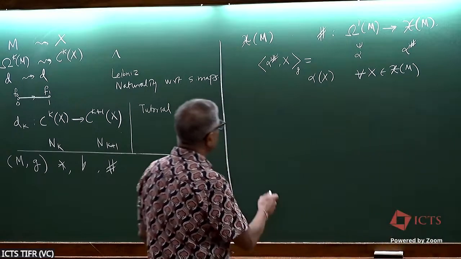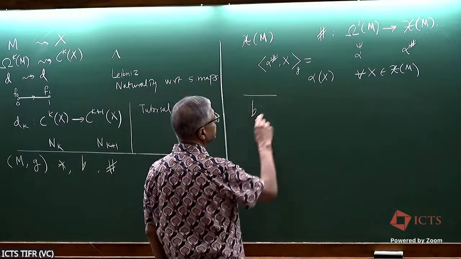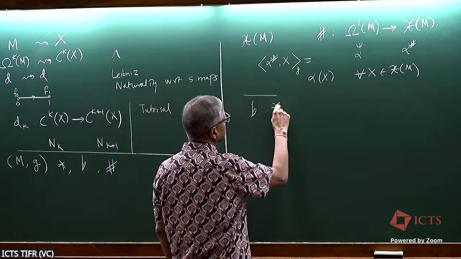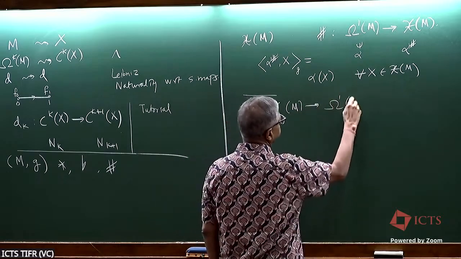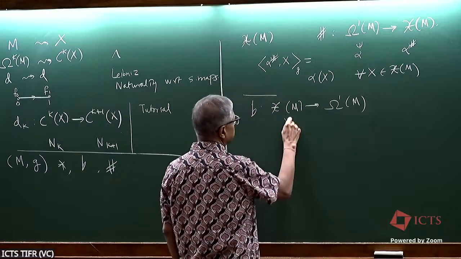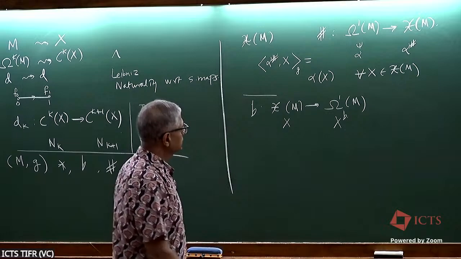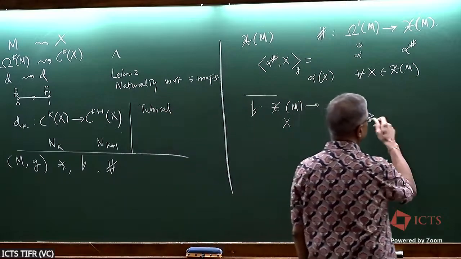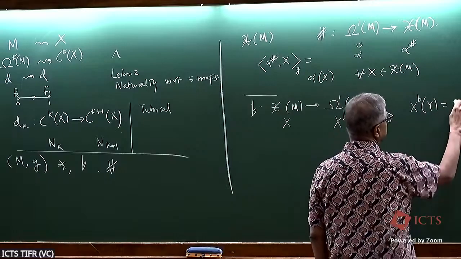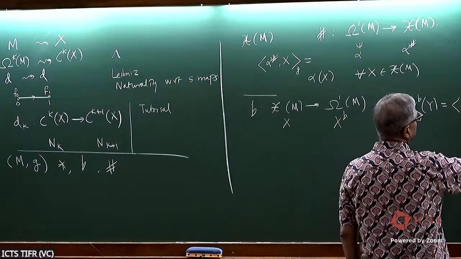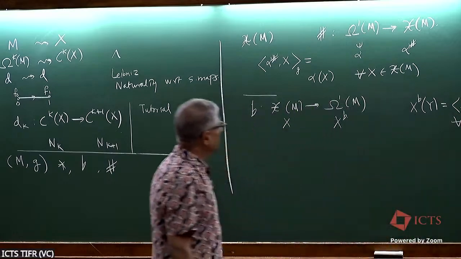And then there is the flat operator, which we will eventually need. This goes the other way, and it's an inverse of that. It takes a vector field and produces a one form. So if I have a vector field here, I will get a one form here. And this will be, again, the one form such that its value on any vector y will be the same as taking the inner product with y.